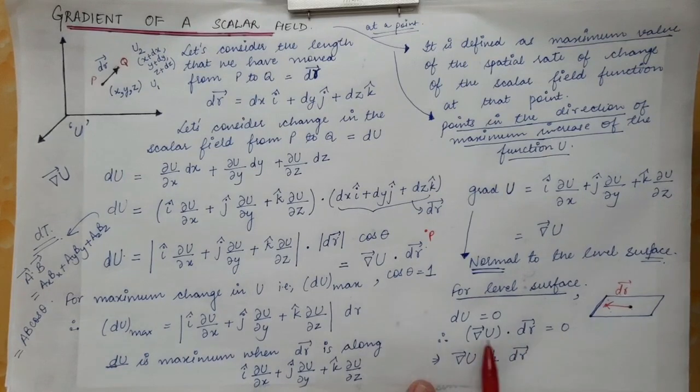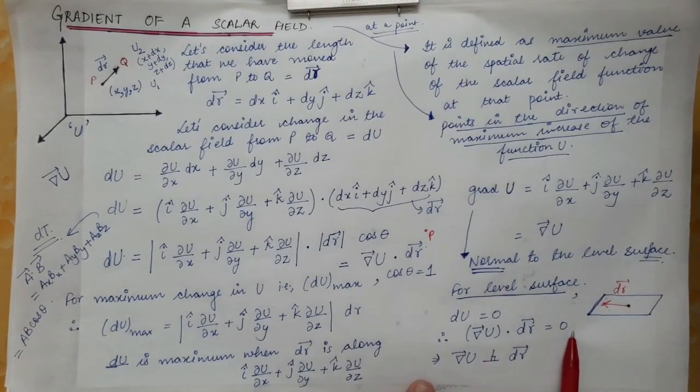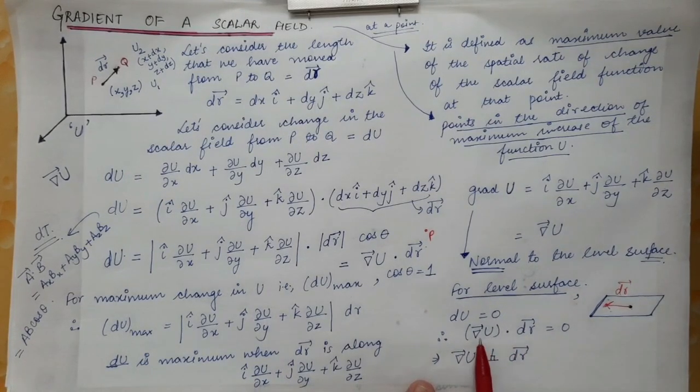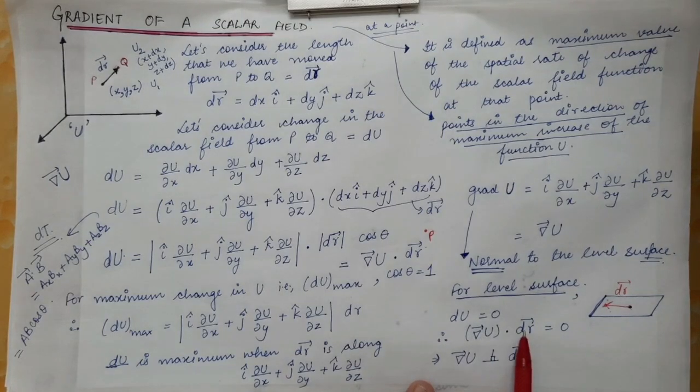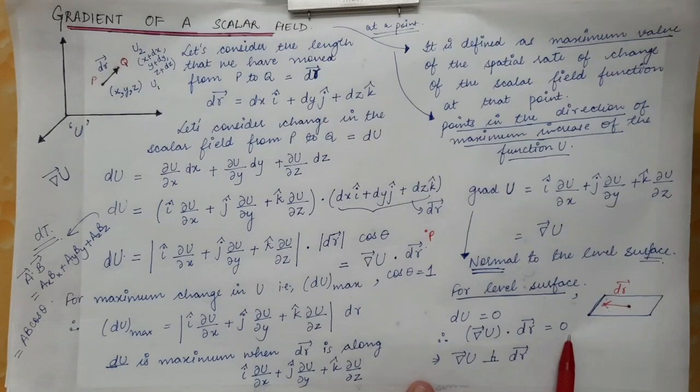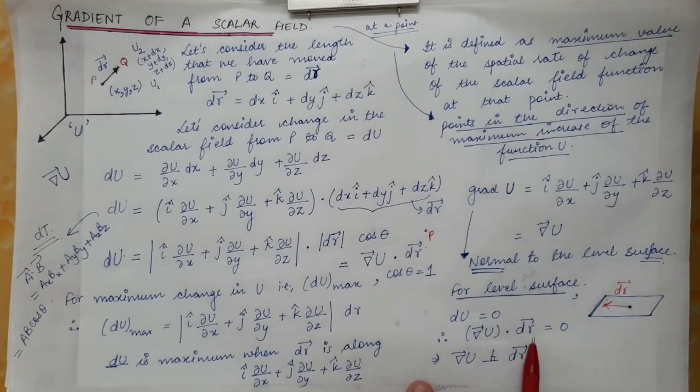In this case, the left hand side is 0 only when the angle between the gradient of u and the dr vector is equal to 90 degrees. The left hand side is equal to 0 only when these two vectors are perpendicular to each other.